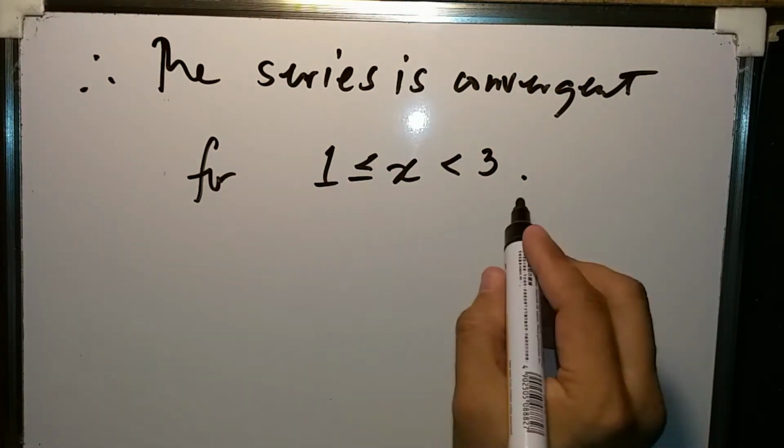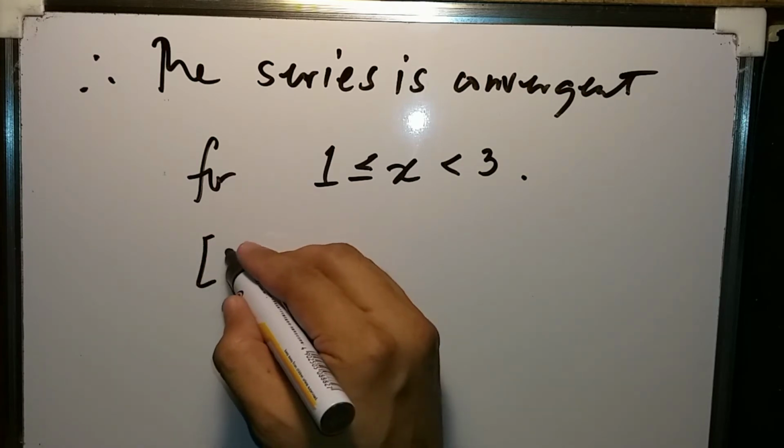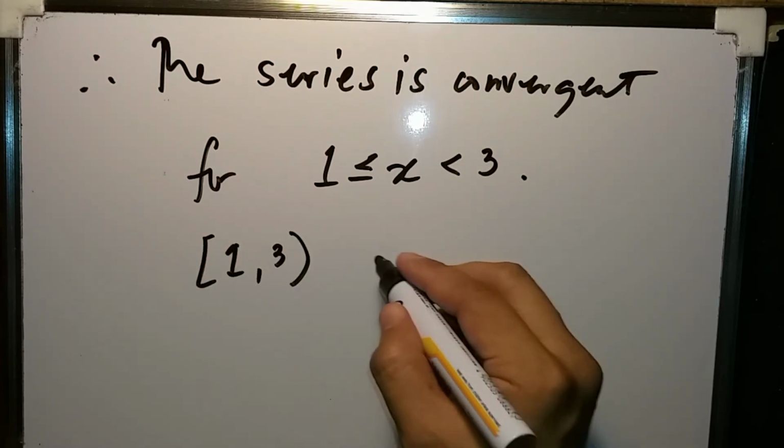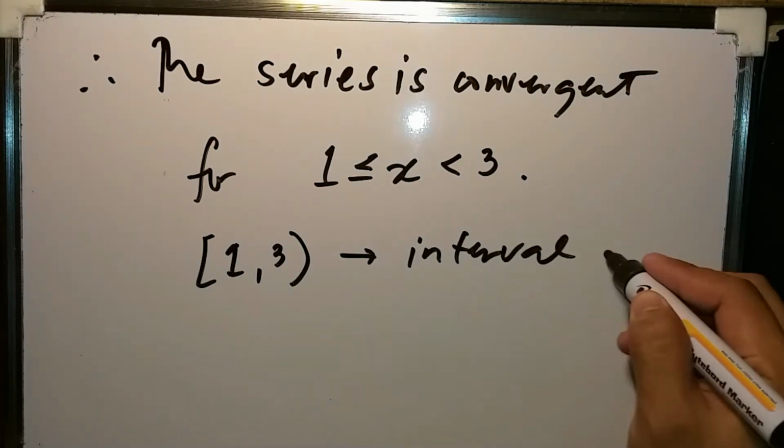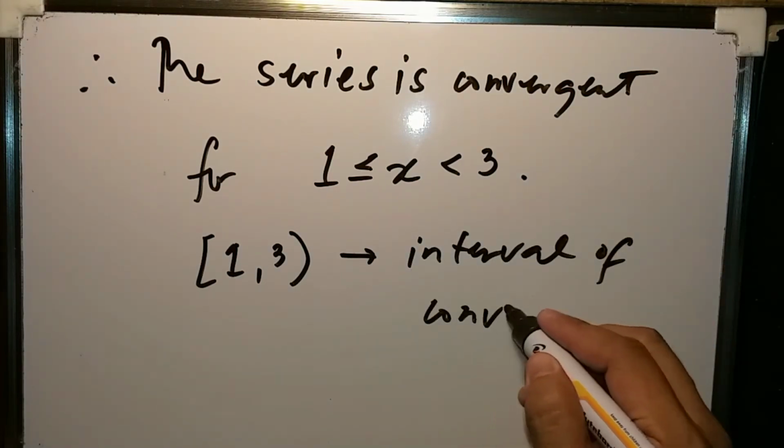So the interval [1, 3) is what we call the interval of convergence.